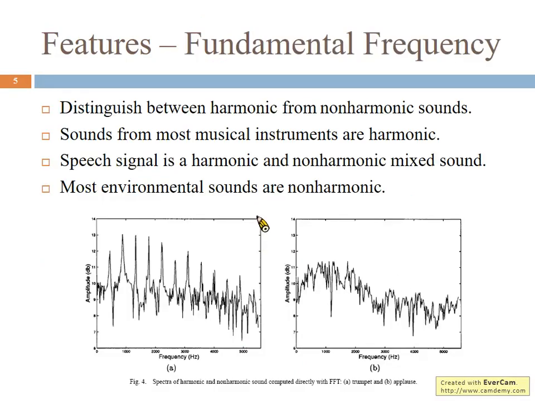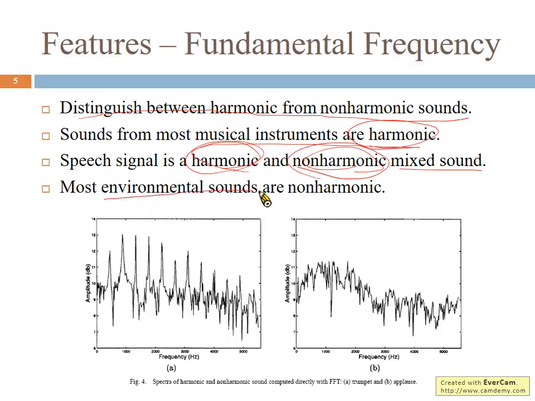The second feature is the fundamental frequency. As we mentioned above, fundamental frequency is highly related to pitch, and they want to use such a feature to distinguish harmonic from non-harmonic sound. Sound from most musical instruments is harmonic. Speech signals are a mix of harmonic and non-harmonic sound, because voiced speech is harmonic, but unvoiced speech like st, k, are non-harmonic signals.